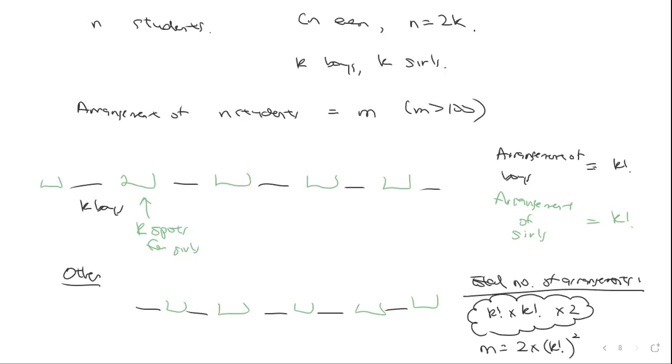Now we need to consider the situation where the numbers are not equal and you have one extra, let's say girl. So I'm now going to have k plus 1 girls, and k boys. Because I have one extra girl, it is guaranteed that the boys have to be separating the girls.